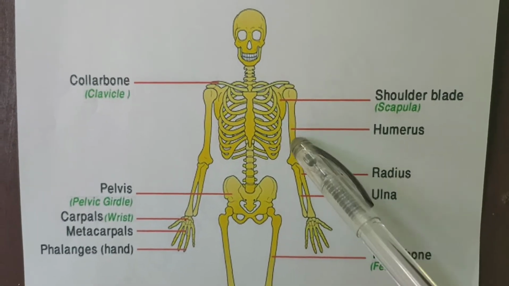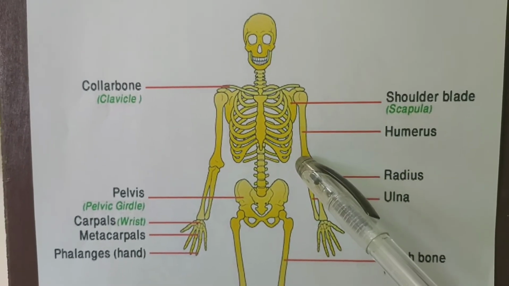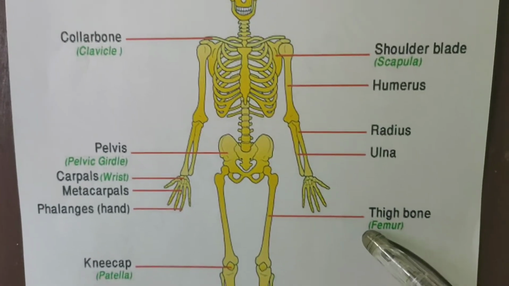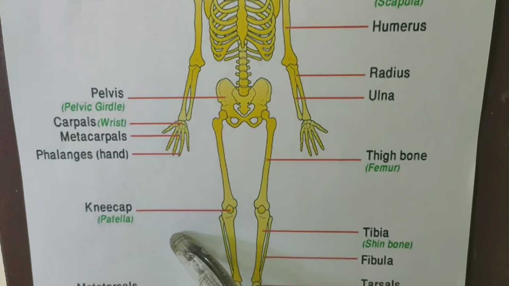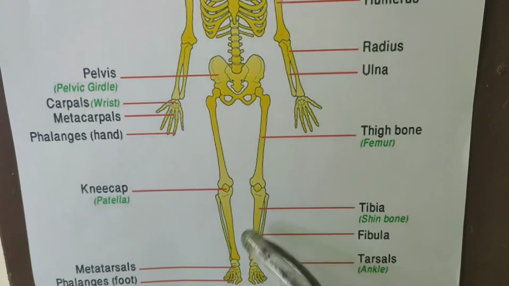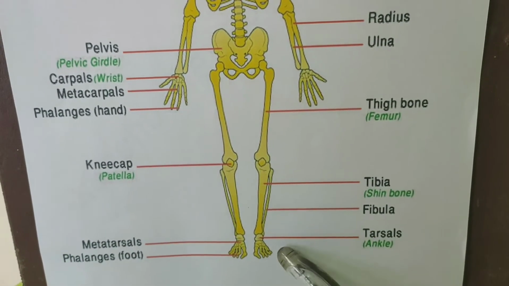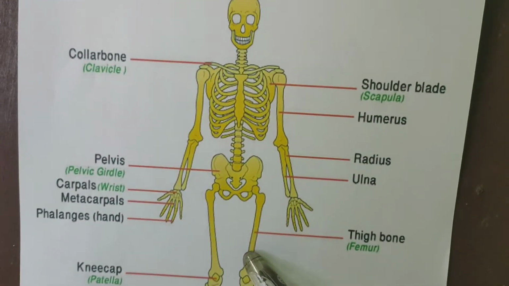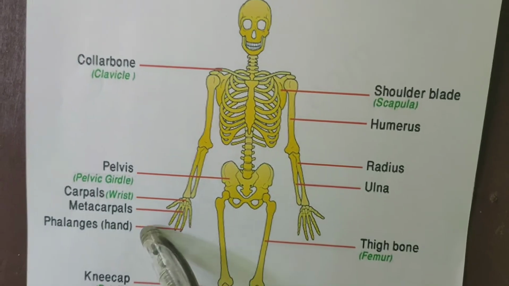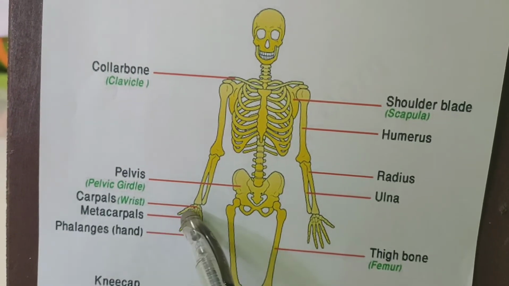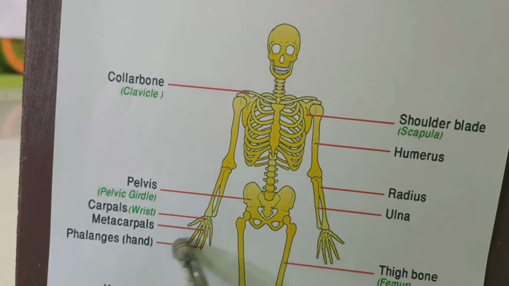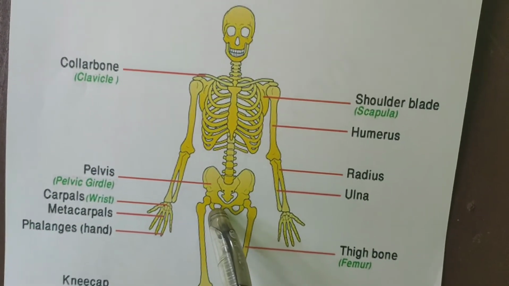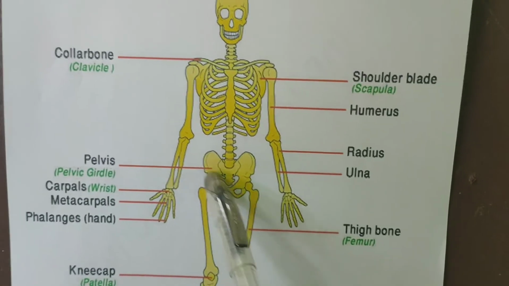It's one of the parts of the appendicular skeleton: the radius, the ulna, the humerus, the thigh bone, the kneecap or the patella, the tibia, the fibula, and the tarsals, the metatarsals. Okay, so ito yun. And also, in your hands, the carpals, the metacarpals. Okay, ito yun, the finger side, the pelvis. Okay, so pelvis is also called the hip bone.